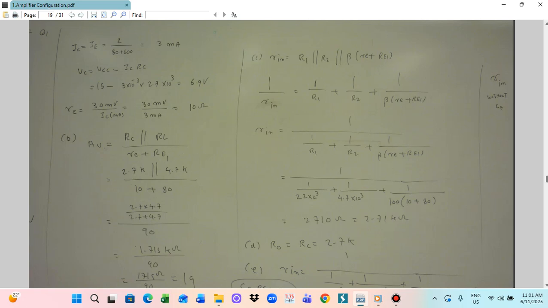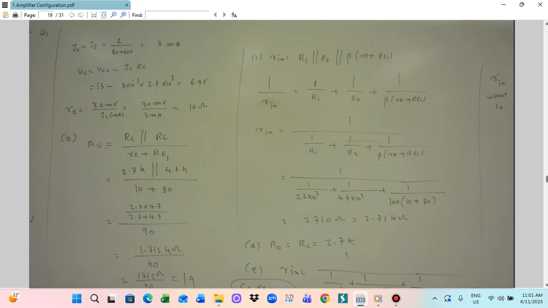RC is 2.7K parallel RL 4.7K, over RE plus small re. RE is 10, RE1 is 80, so 90 in total. Then substitute: 2.7 multiplied by 4.7 divided by 2.7 plus 4.7, divided by 90.